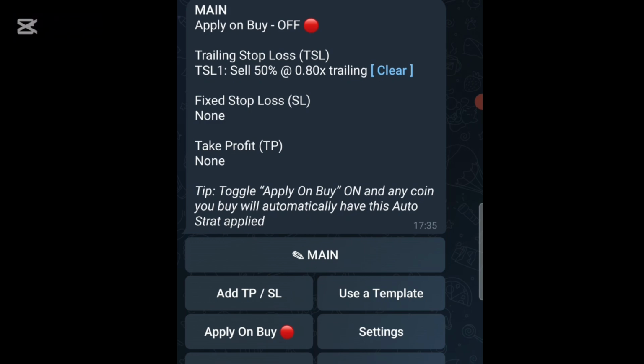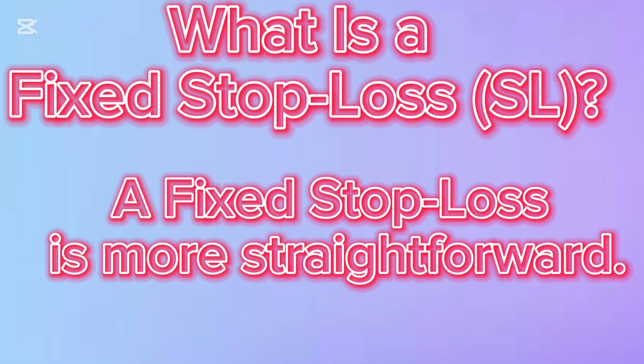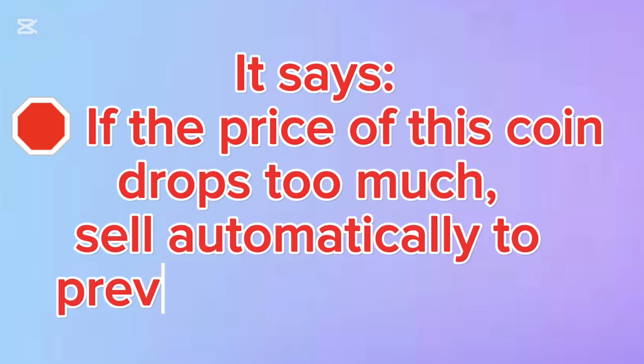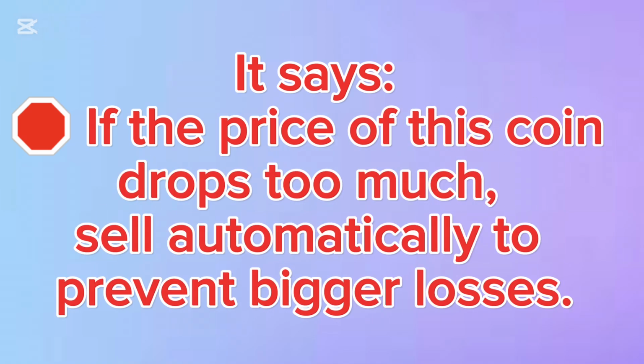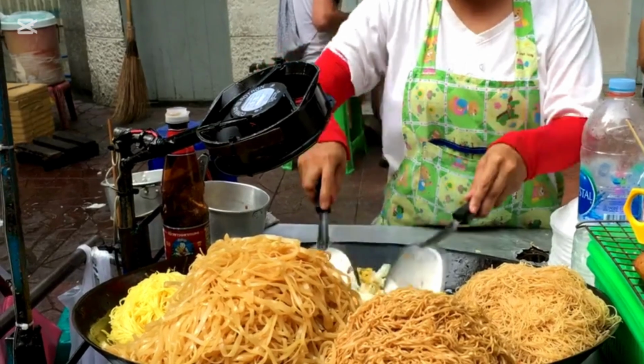Let's move to the next tool, which is fixed stop loss. So what is a fixed stop loss? A fixed stop loss is more straightforward. It says if the price of a coin drops too much, sell automatically to prevent bigger losses. So let's use another simple analogy to explain this. Imagine you own a food store.